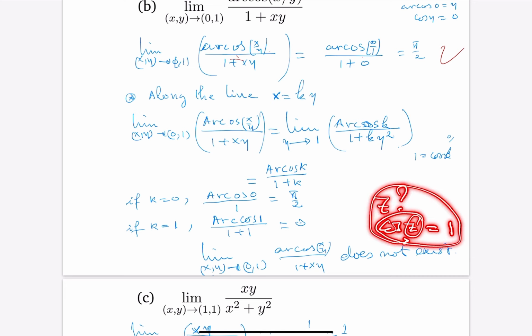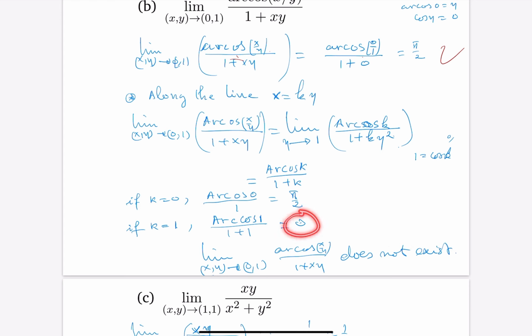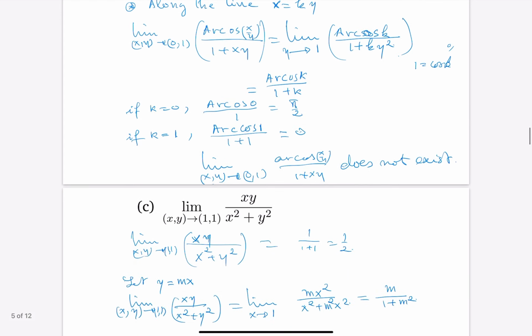Okay, that's the way you have to think. We can have z equal to 0. Yes, z equals 0 is the best way, and then we end up having this one. Got it? And then from here you can tell, since this one and this one are different, since pi over 2 is different from 0, then this one does not exist.